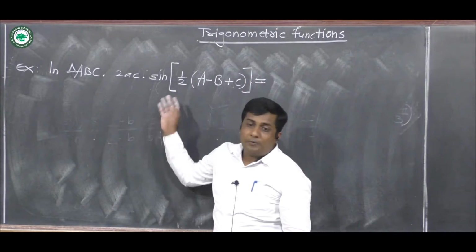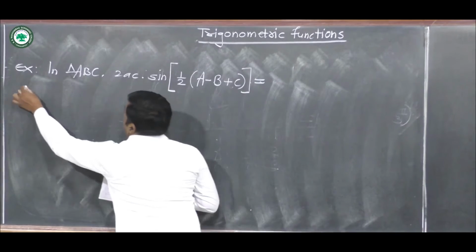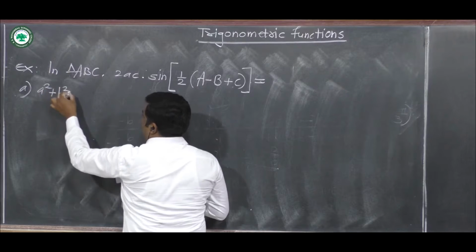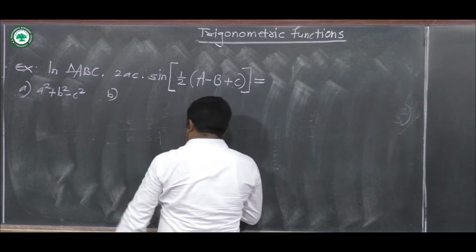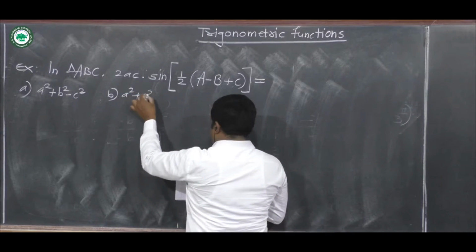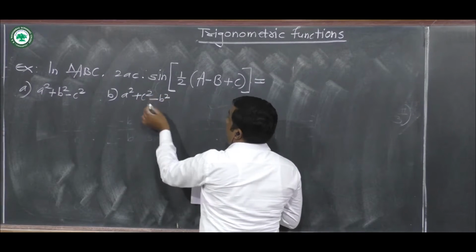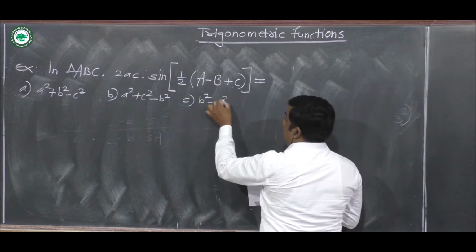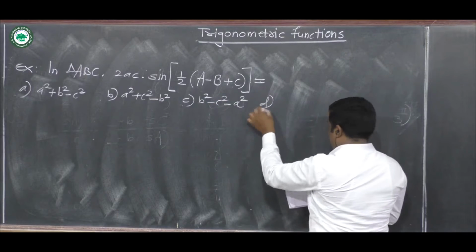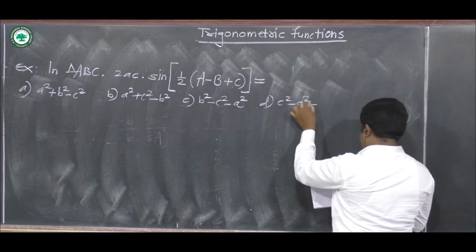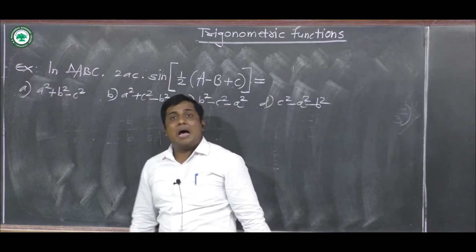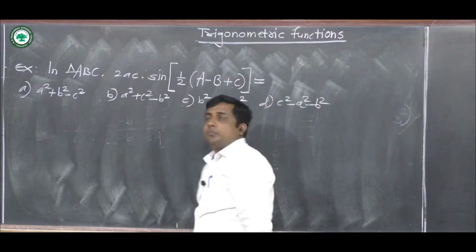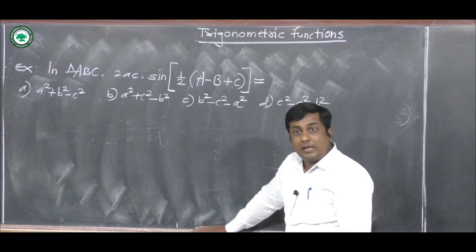We have to find the value. The options are: A, A square plus B square minus C square; B, A square plus C square minus B square; C, C square minus A square minus B square... and in last, C square minus A square minus B square. Using the given, we have to find the correct option.